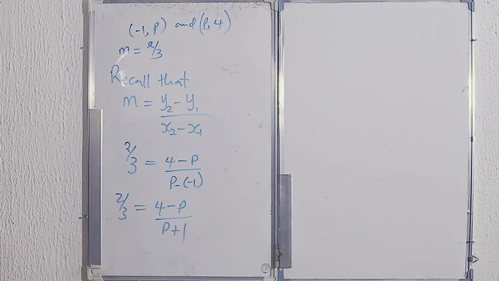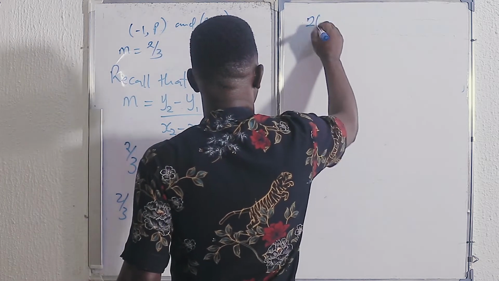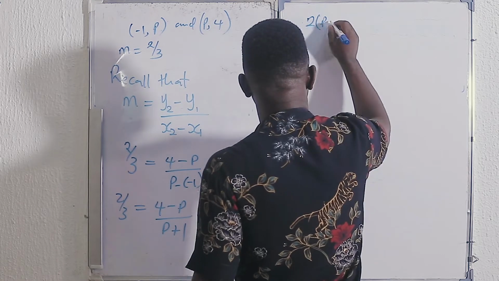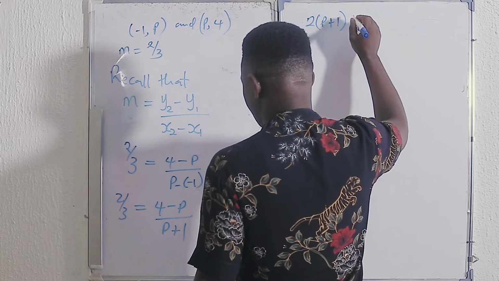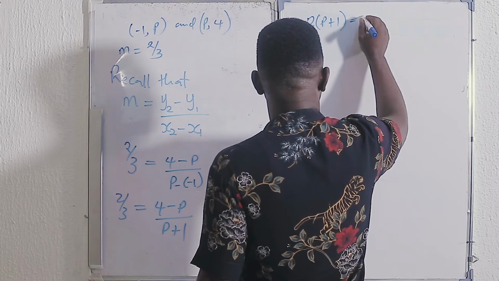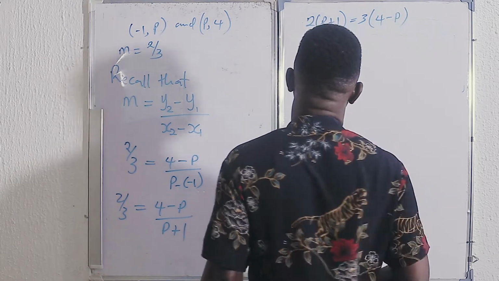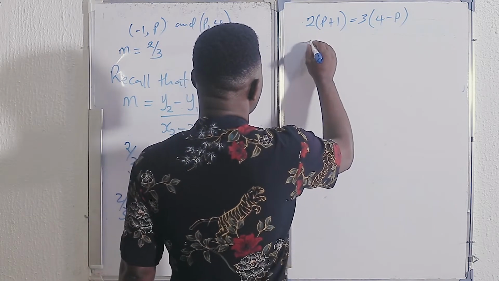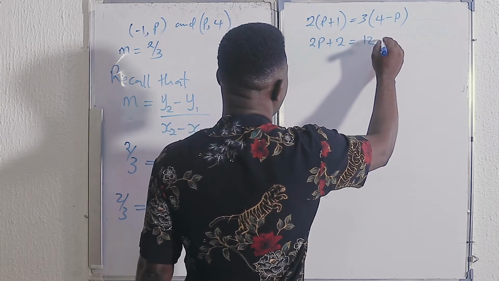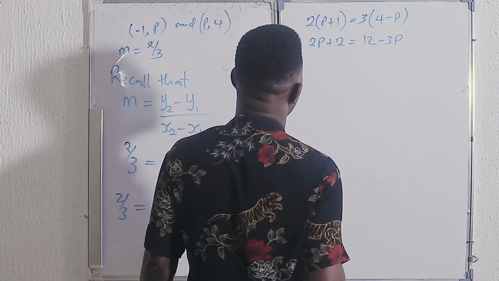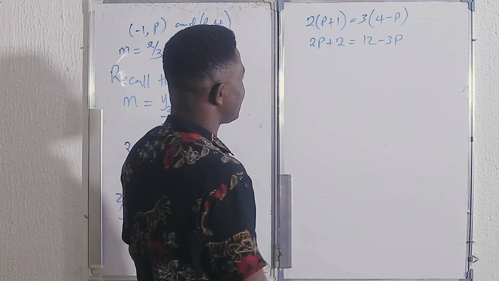If we cross multiply this, we will get that 2 times P plus 1 is equal to 3 times 4 minus P. Let's open the bracket. 2P plus 2 is equal to 12 minus 3P. At this point, we just simply collect like terms.